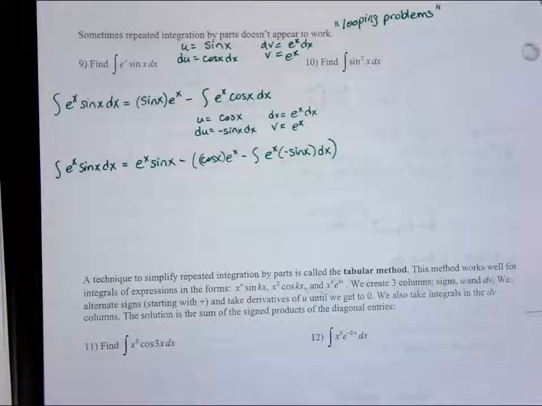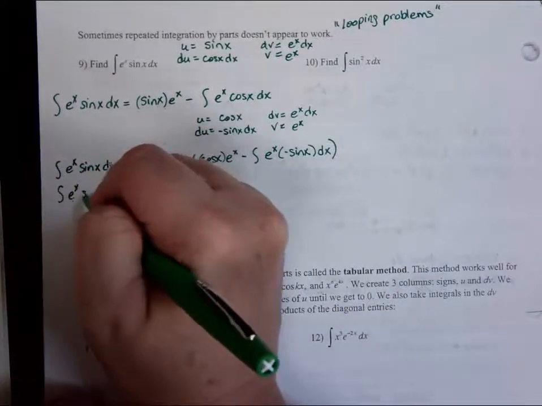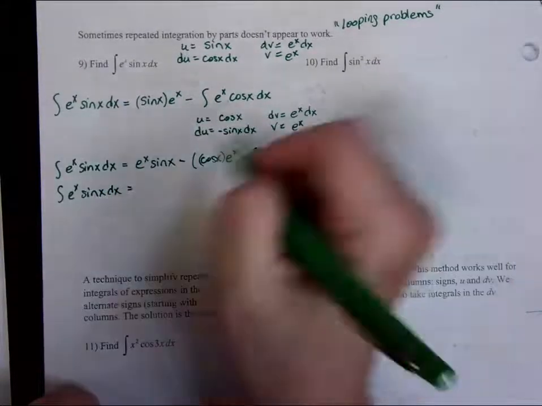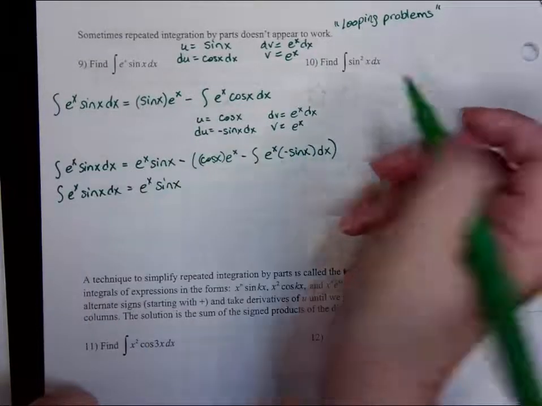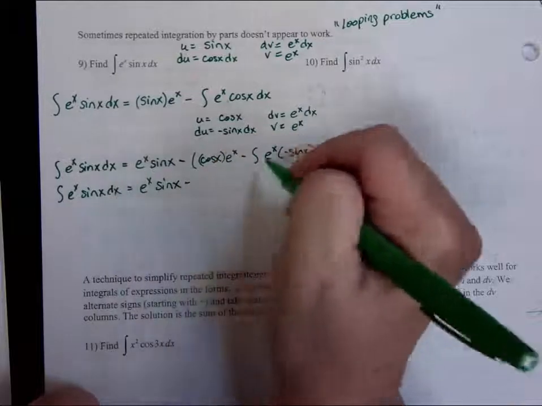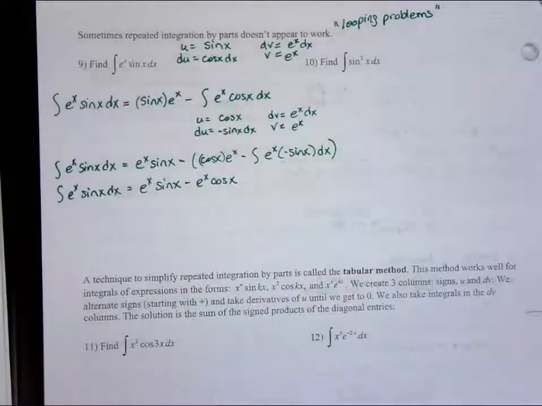Okay? So let's clean this up a little bit. Integral e to the x sine of x dx equals e to the x sine of x. Now we've got to distribute these negatives here. So it's minus e to the x cosine of x, switching those two around.